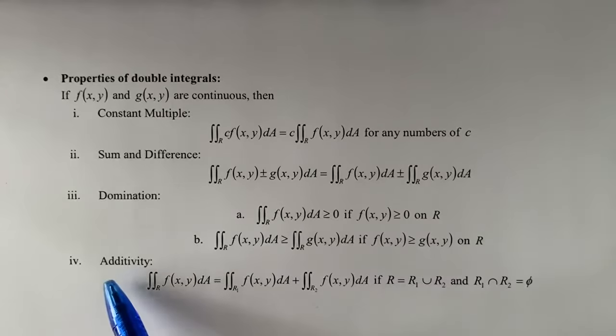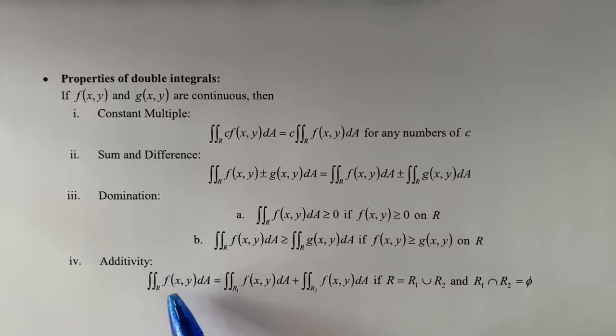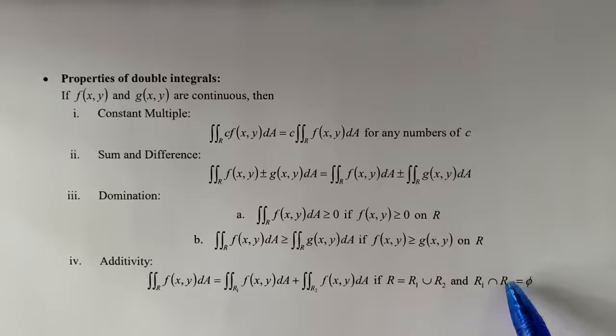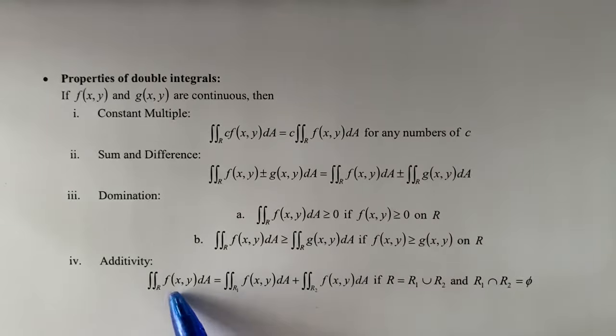And the last one, we have additivity. If you have the double integration of f(x,y) in region R, where R is the union of regions R1 and R2, and R1 must not intersect with R2, you can solve this double integration by splitting into the R1 and R2 regions.